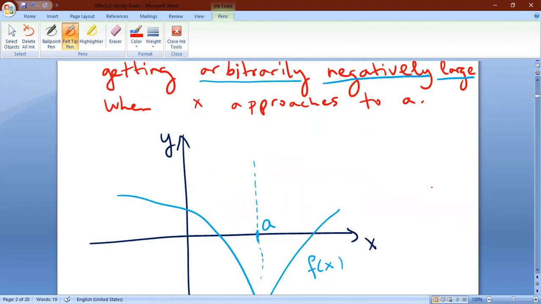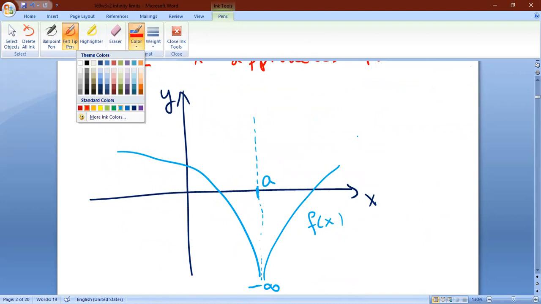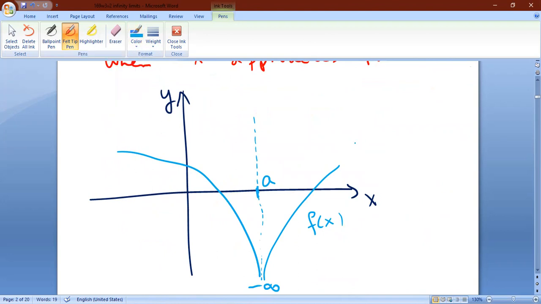So if we see this in a pictorial way, it's going to look like this. As you see, when the x inputs are getting closer and closer to a, the graph of the function is getting negatively larger and larger. So we write x goes to a, the limit of the function is minus infinity.